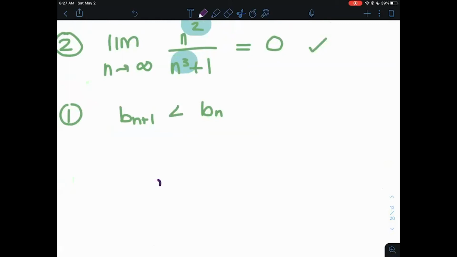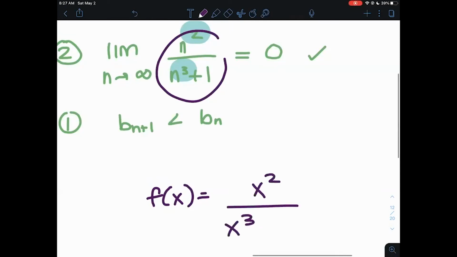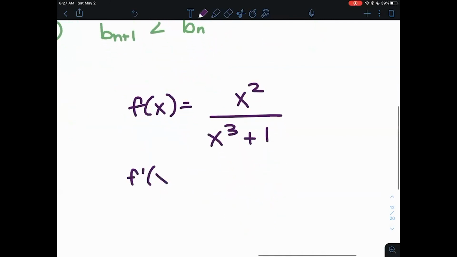For that option, we would take a function that corresponds to our b sub n right here. So let's say x squared over x cubed plus 1. And then we would find its derivative. So our derivative here is going to look like this.